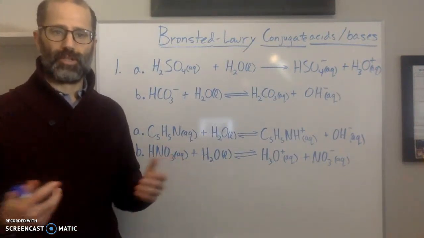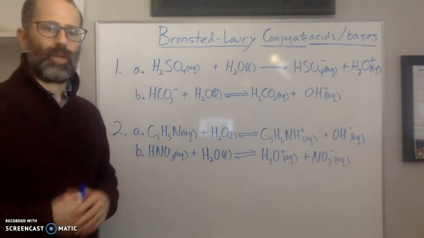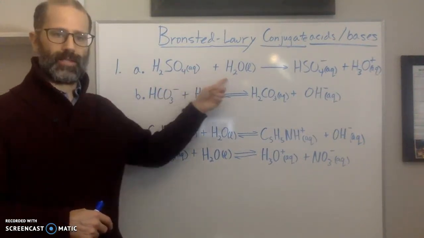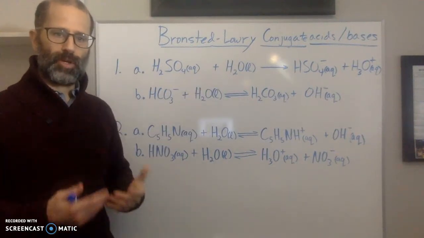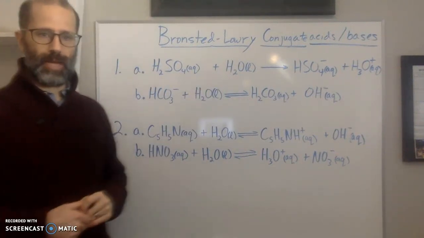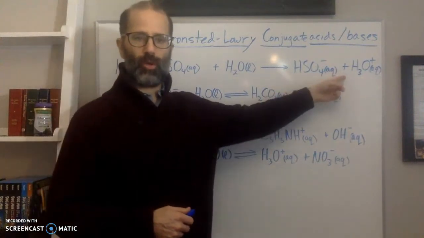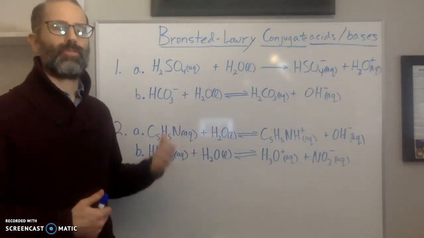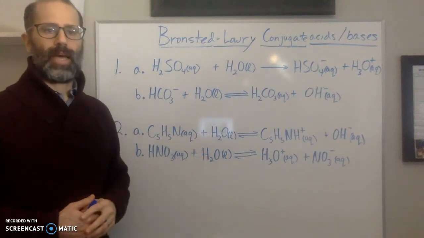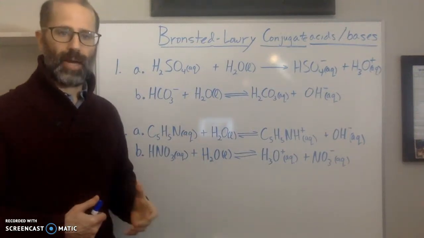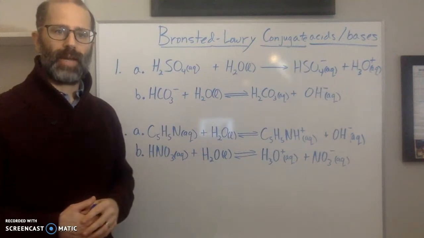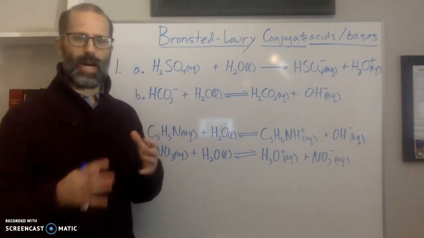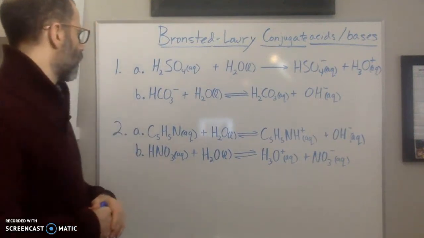So when you're labeling the acid and base, you label the reactants. When you're talking about conjugate acid or base, that's going to be the resulting products. The conjugate acid comes from the base, and the conjugate base comes from the acid. Those are what we call the conjugate acid-base pairs.